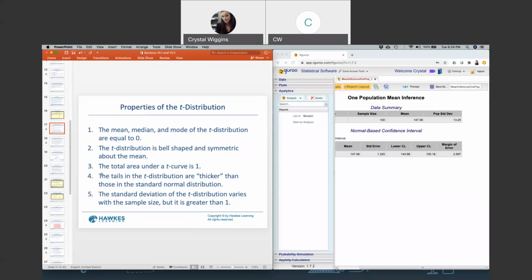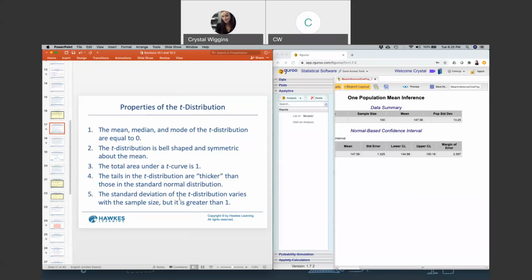The differences, well, the tails of these t-distributions are thicker than those of the z distribution, because we have to account for more inaccurate data, so that means that more of the error is stuffed into the curve. More of the area is in the tails, leaving the center with less area, and that's, again, to balance out and help with the fact that we're working with a really small sample size.